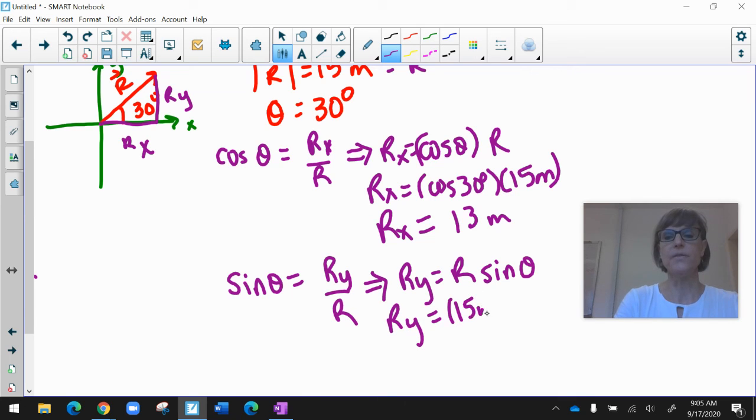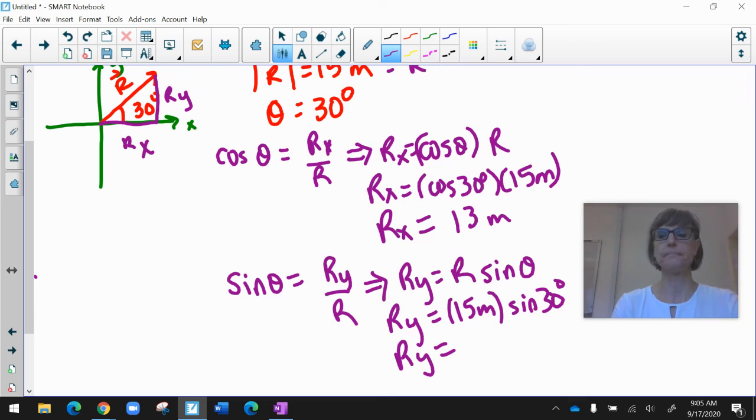My r is 15 meters, sine 30 degrees. And you too can do that math. When you do that, we get 7.5 meters. Again, I had 2 sig figs in my 15 meters, 2 sig figs in my 30 degrees, which means that I should have 2 sig figs in my answer.